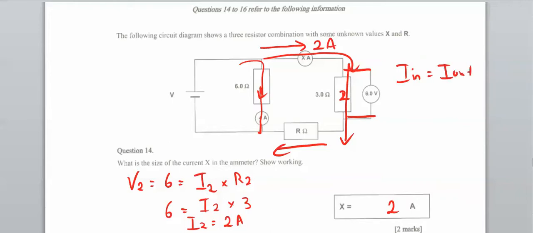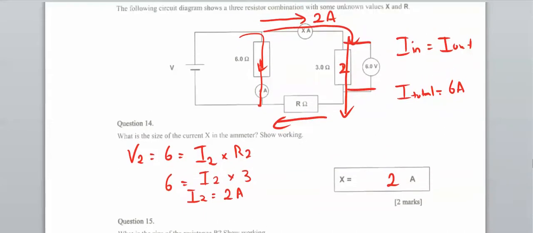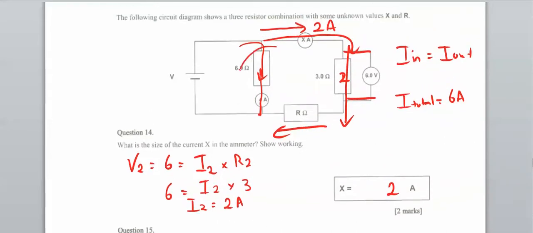The total current, therefore, is equal to 6 amps. So we've got more current flowing through here and then here, so naturally we would assume that this resistance is going to be lower.